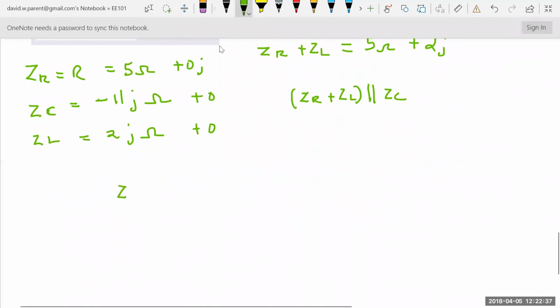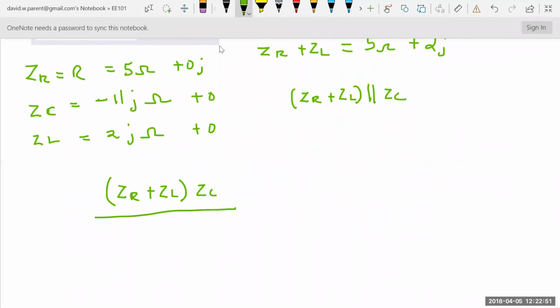Now, it's helpful just to remember the parallel combination of resistors. So I have Z_L plus Z_R times Z_C divided by the sum of the two things.